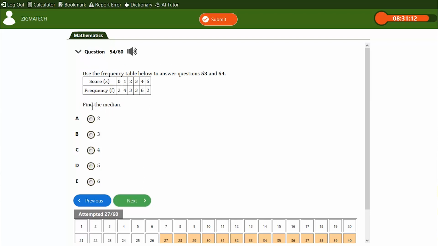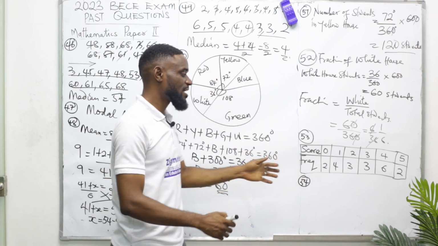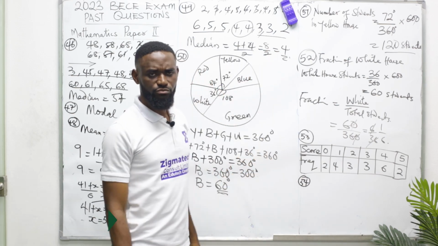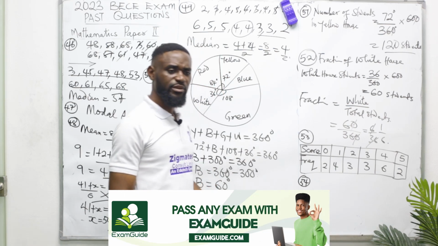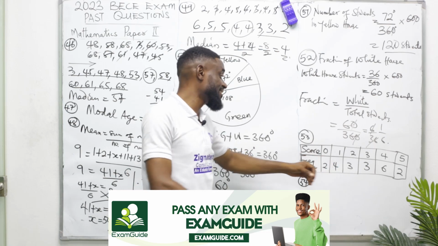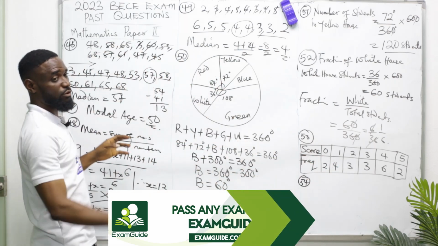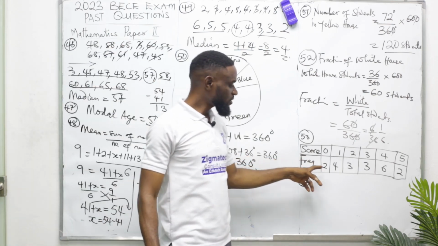Then the next one, find the median. The median is the middle number, right? Let's say this is 54 now. In a frequency table like this, we don't need to arrange the numbers in order of magnitude like we said before.